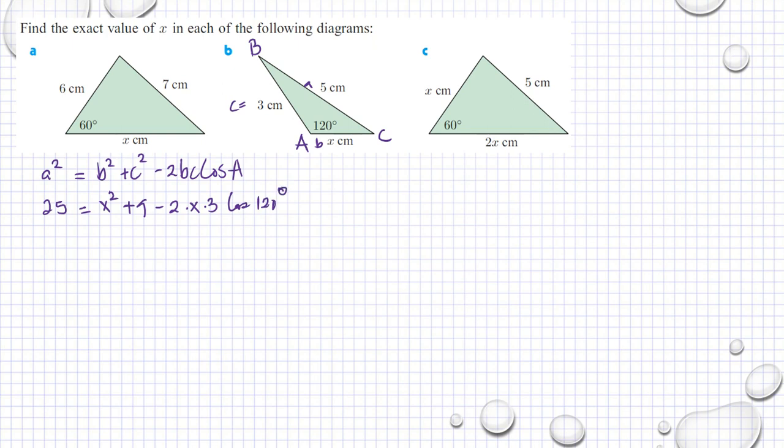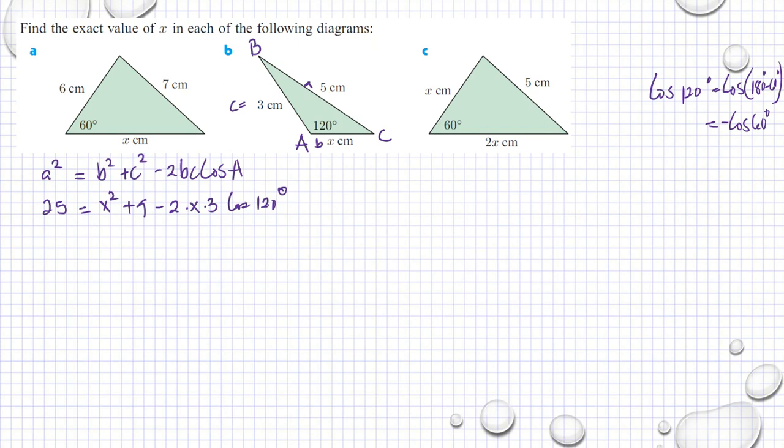Cosine 120 degrees is the same as cosine of 180 degrees minus 60 degrees, and that is equal to negative cosine 60 degrees.